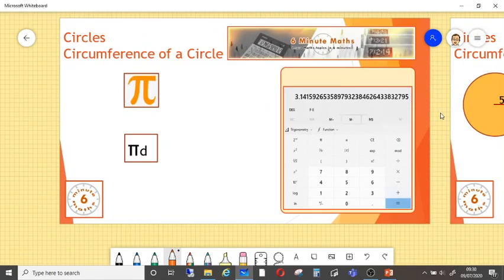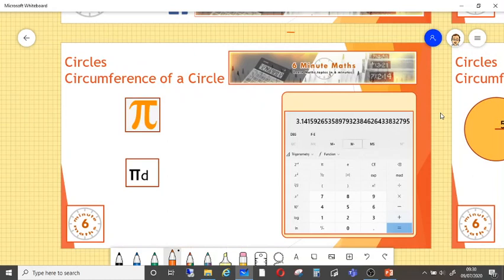Okay, so there's a formula that we need to know about the circumference of a circle, and we use a similar thing as with the area of a circle as well. And that formula uses pi, and pi is a symbol, and it has a value. Now, if you push the pi button on the calculator, you will get an infinite number like you can see on the screen there, 3.141592, and going on and on and on.